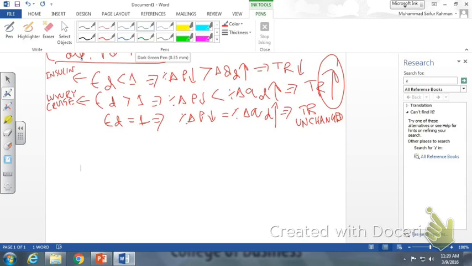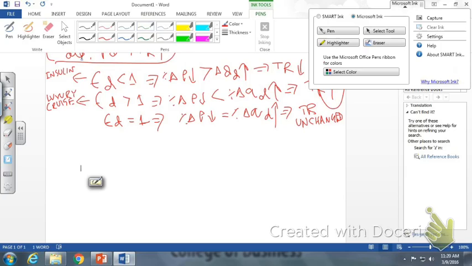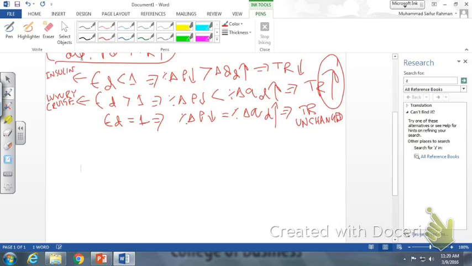So the next concept that we are going to look at, the second concept about price elasticity of demand, is called cross price elasticity of demand.